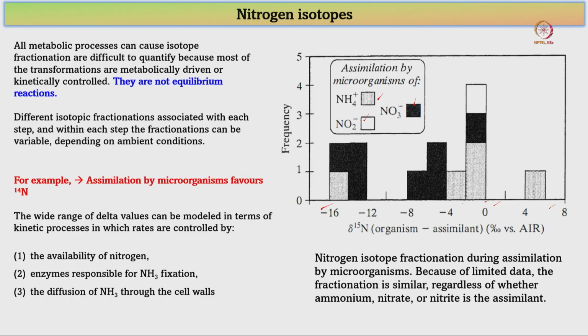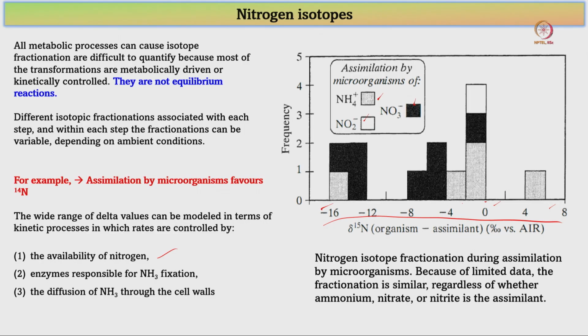So, for example, what is this variability arising from? Availability of the nitrogen itself. For instance, if you are in the ocean, nitrogen is one of the limiting nutrients. That means, productivity gets limited due to the lower supply of nitrogen. Then there are various enzymes that are responsible for NH3 fixation.